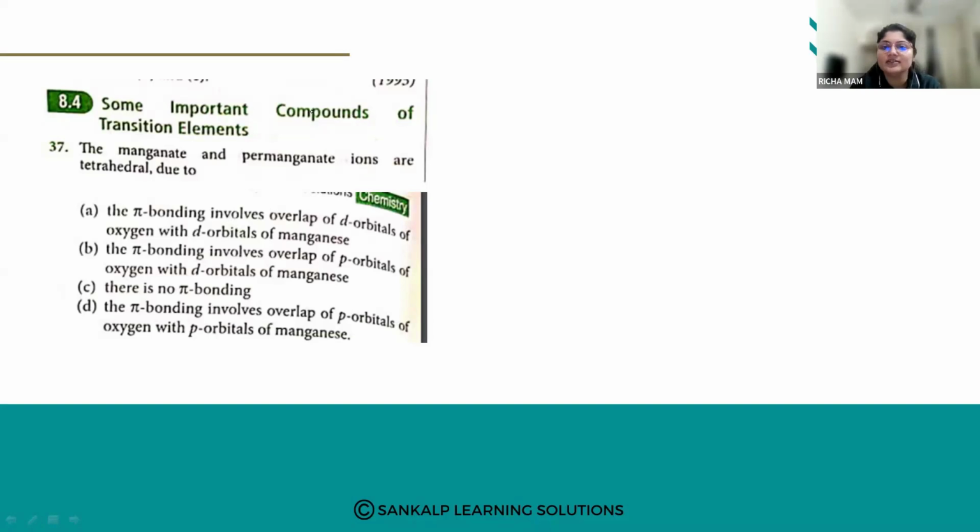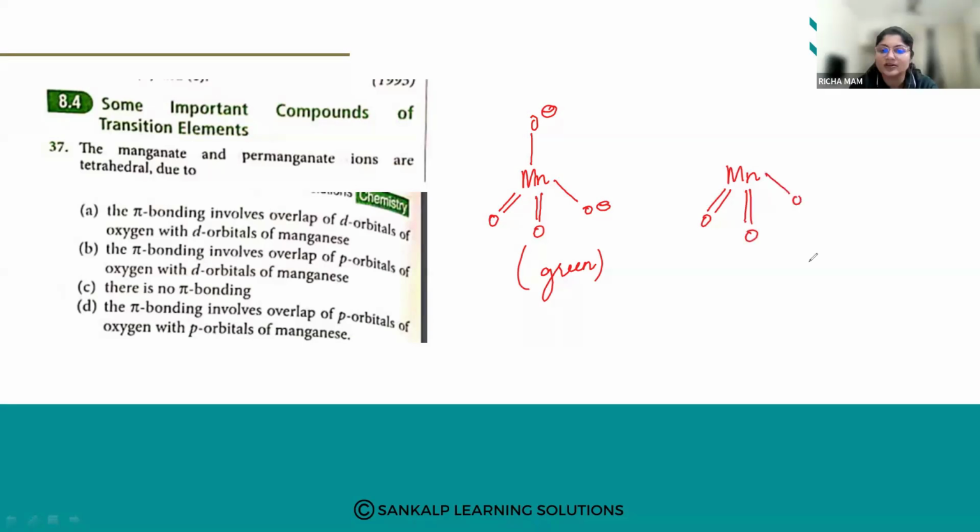So if I write the manganate and permanganate ions, the structure of the manganate ion is tetrahedral, like this, with Mn at the center. Which color is the manganate ion? It is green in color. And if I write the permanganate ion, Mn, this is purple in color.